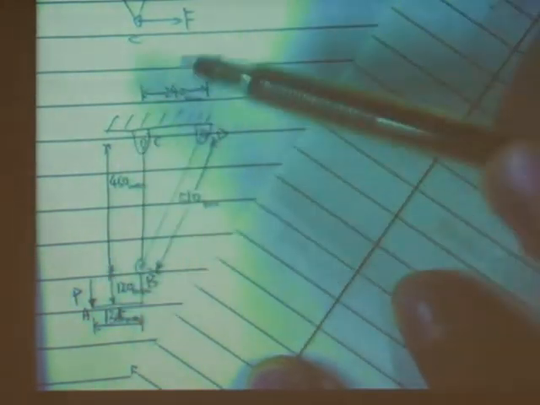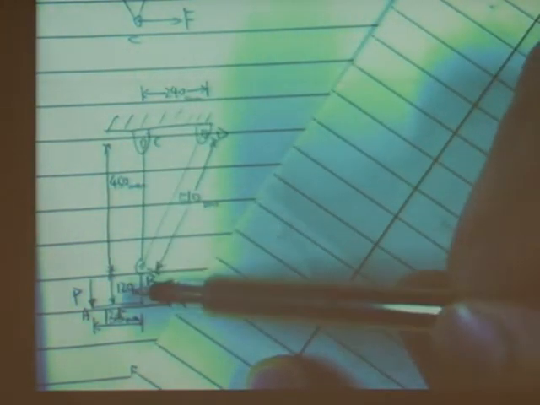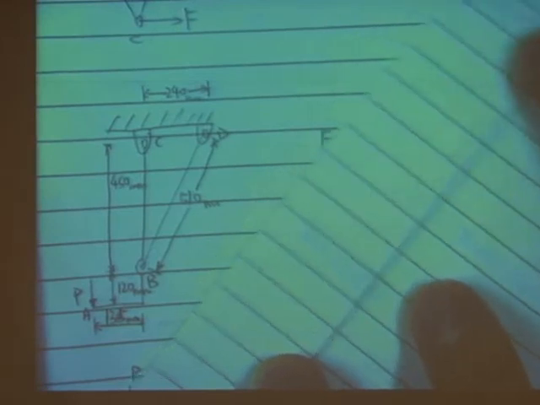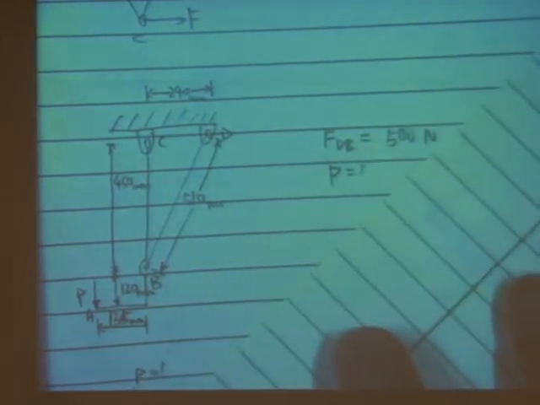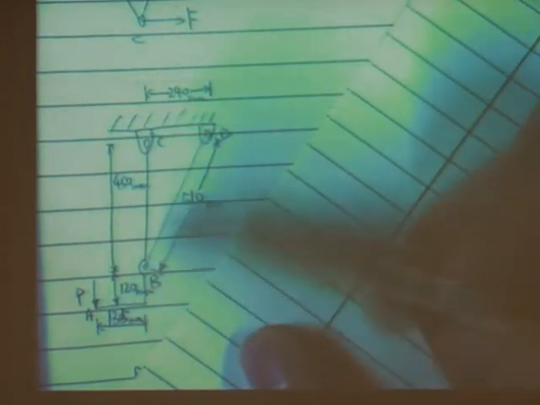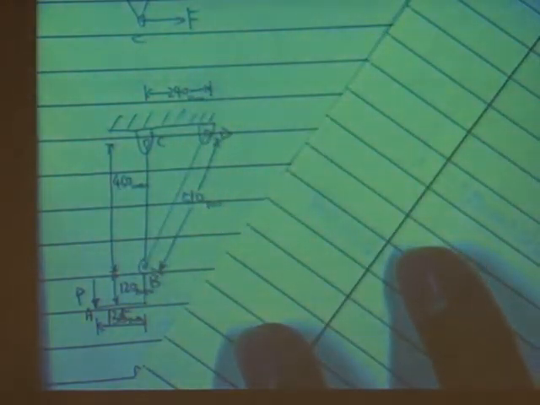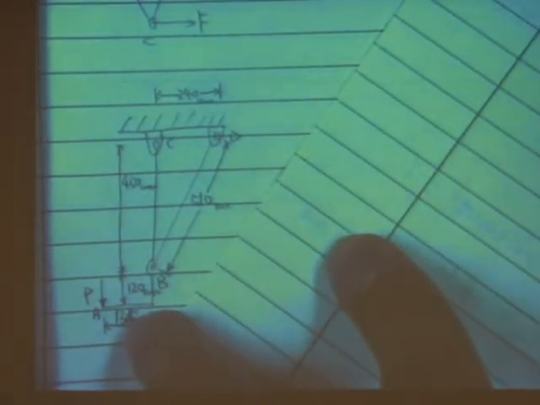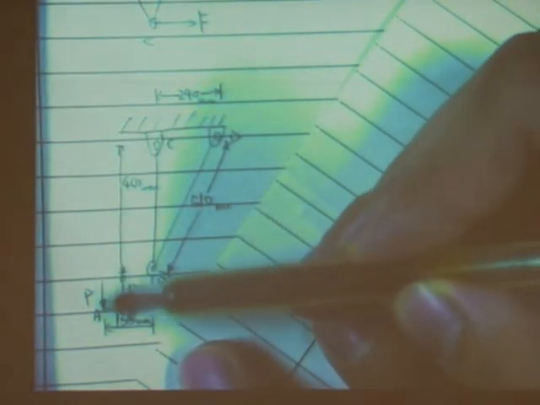If the question is, if this member is experiencing a force P at its end vertically, what will be the force inside? Oh no, sorry. If this member BD is experiencing a force of 500 Newton, what will be the force P here?